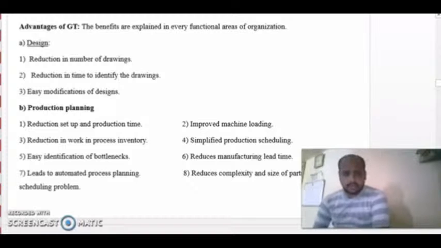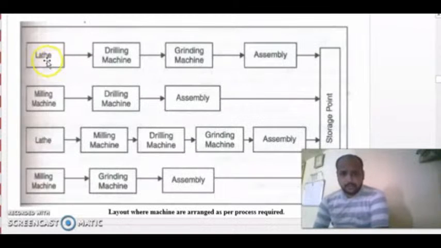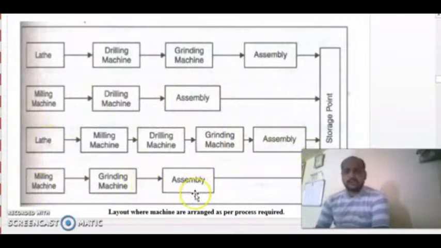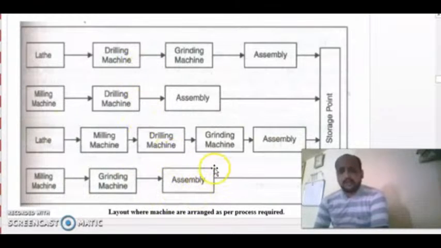As you have seen this diagram, only these 4 machines are organized in order to manufacture a group of parts. This is another organization, third organization, fourth organization. Almost 4 types of products you can manufacture in less time.